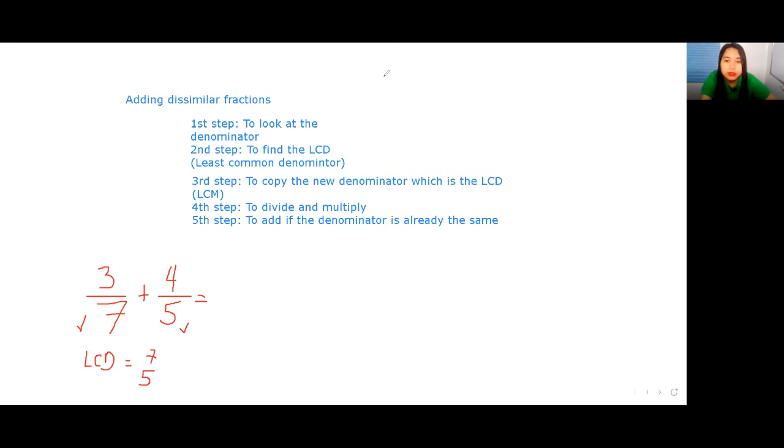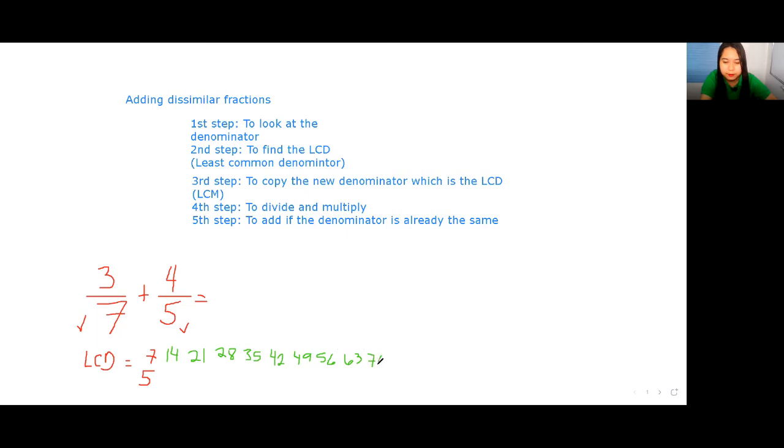What are the multiples of 7? So we have 14, 21, 28, 35, 42, very good, 49, 56, very good, 63, and the last one is 70.